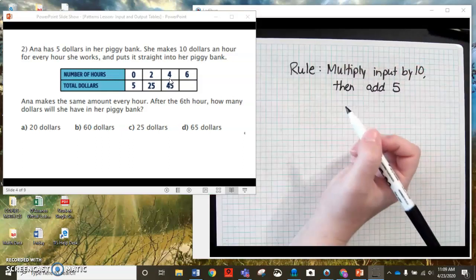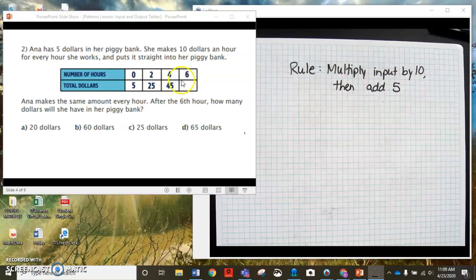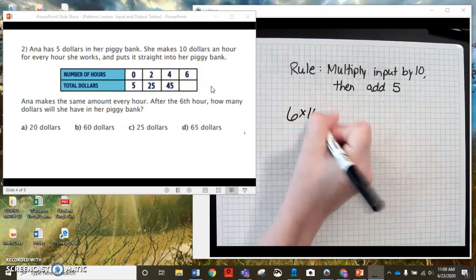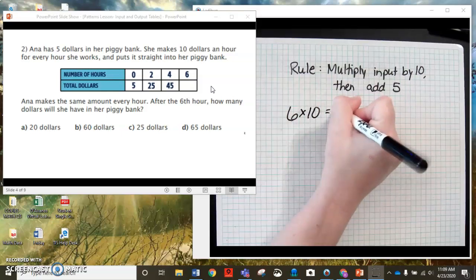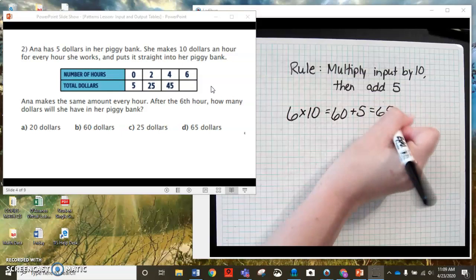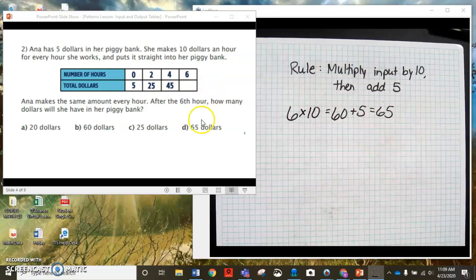So we see that's true for 4 hours worked. 4 times 10 is 40, plus 5 is 45. So now we need to find the value for 6. So when she's worked 6 hours, we multiply that by 10, and she has $60, plus 5 gives her 65. So the correct answer is D, $65.